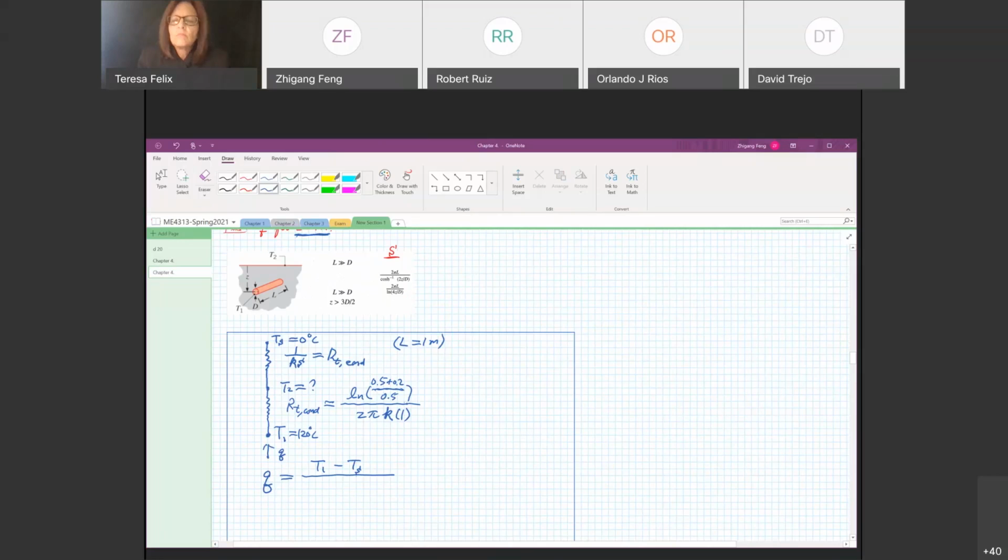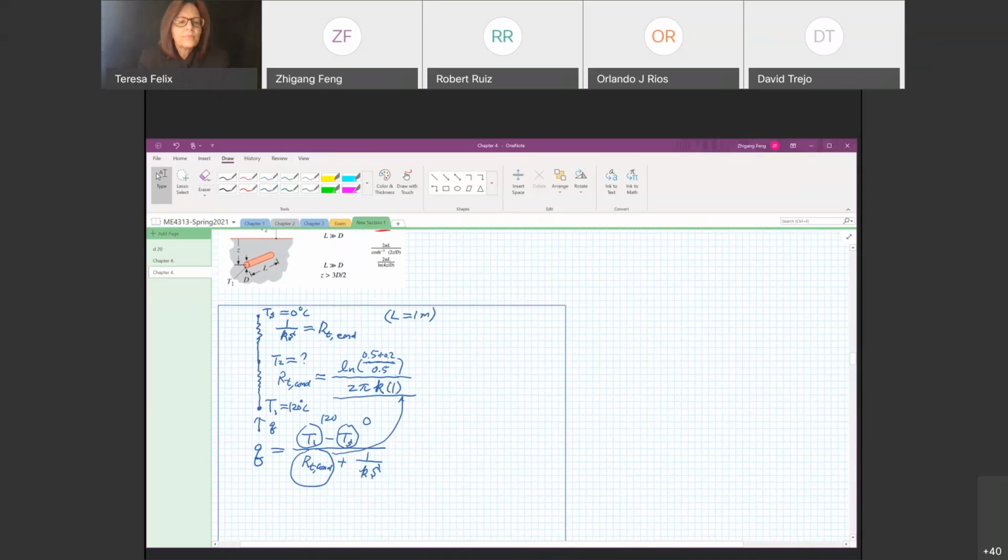So Q equal to T1 minus TS divided by RT, conduction of the insulation layer plus 1 over Ks. And this thermal resistance comes from this equation, okay? And T1 is 120, T sub S is 0. So the only thing we need to figure out is the shape factor S.